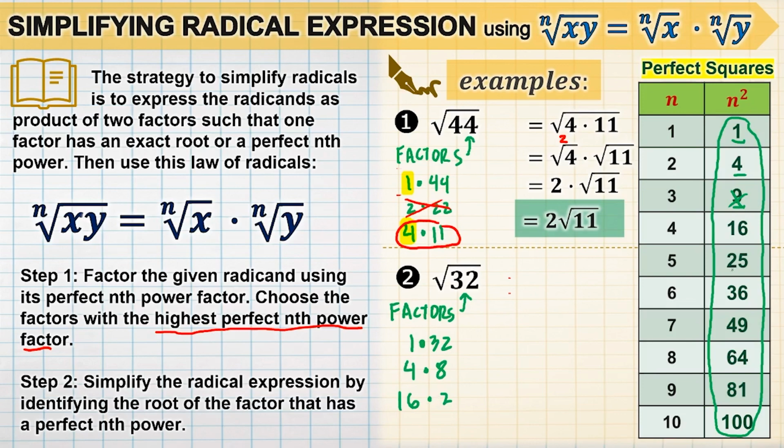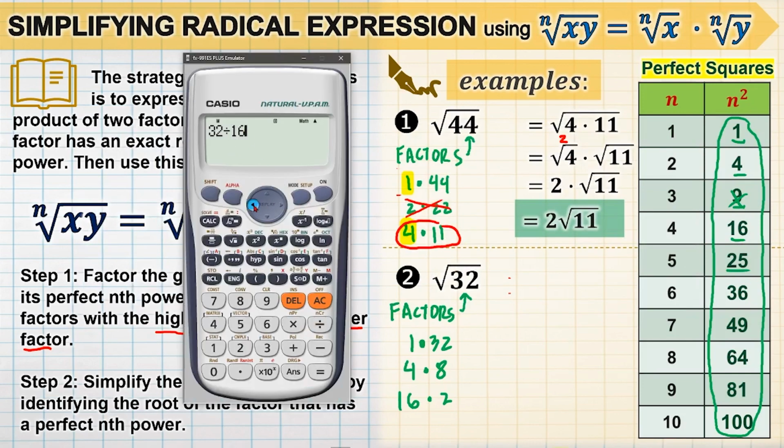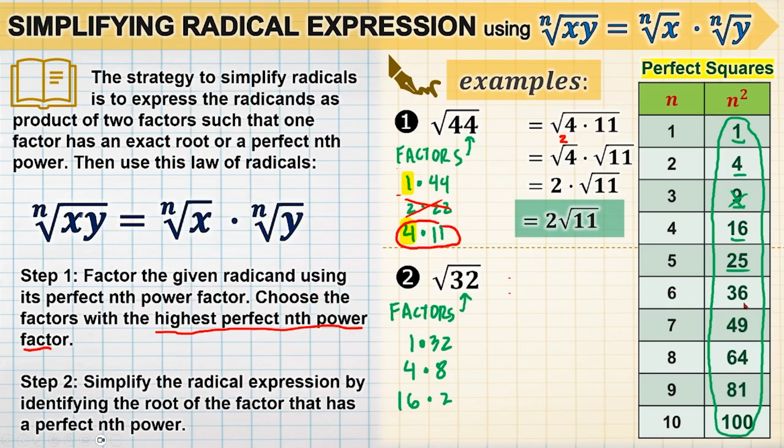So, pwede ka pang mag-divide sa 25. Pwede mo pang i-divide yung 32 sa 25 para malaman kung factor nga ba ni 32 si 25, pero hindi na yon ang lalabas. Hindi na siya factor. Hindi na siya pwedeng umabot ng 36 kasi nga mas mataas na yung 36 sa 32. So, mag-stop na tayo kay 16 times 2.